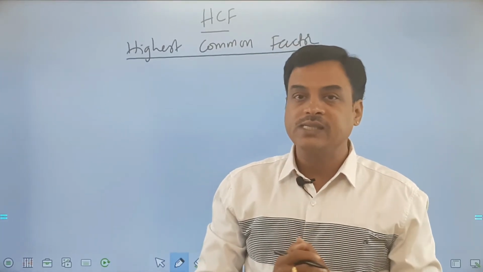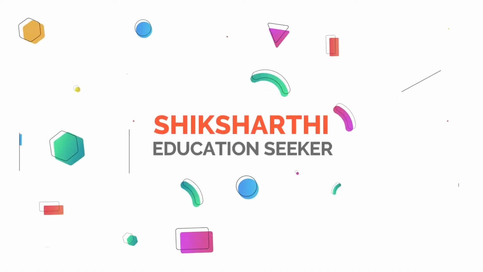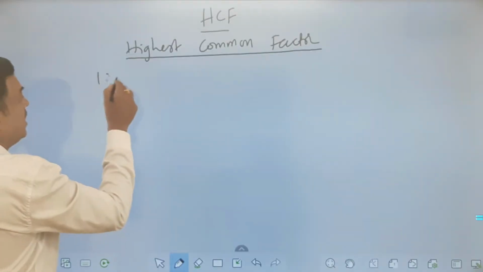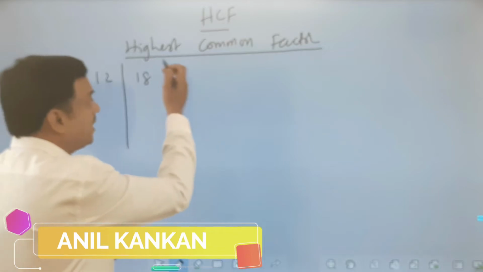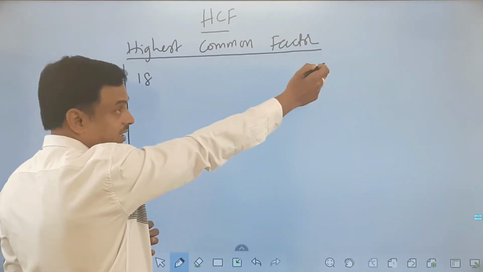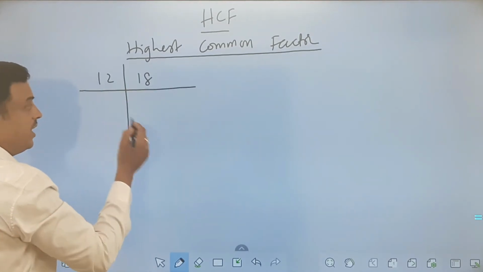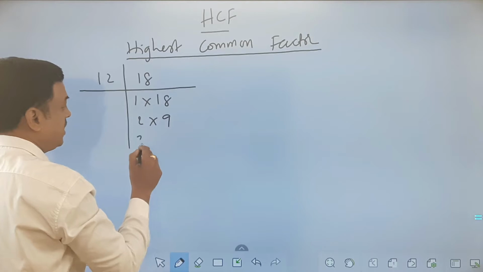And today our topic is HCF, highest common factor. So let's understand. If I'm talking about two numbers and their HCF, look at the full form, highest common factor. So what are the factors of these two numbers? For 18, the factors are 1 into 18, 2 into 9, 3 into 6.